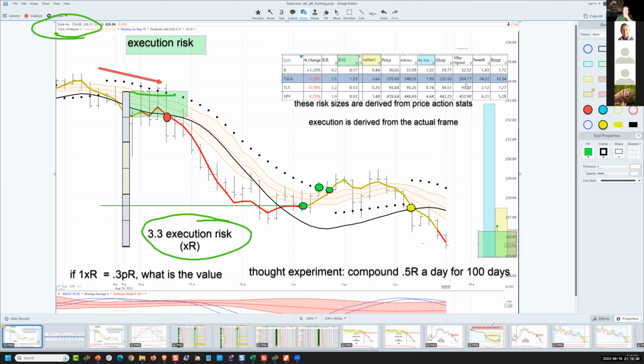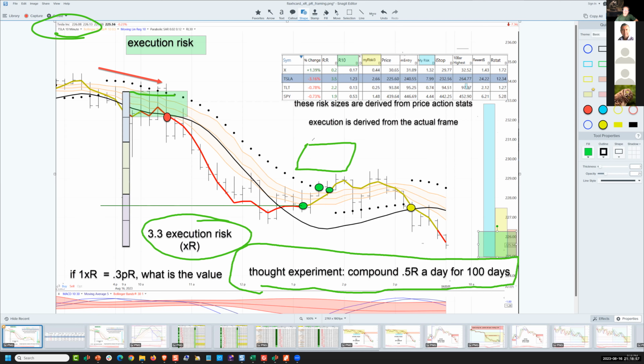So, do some math and come up with your answer to the question, what is compounded 0.5 execution risk per day? Once you have a standard black box of your trading machine, this is where the trade frames are and your trading architecture and all that.